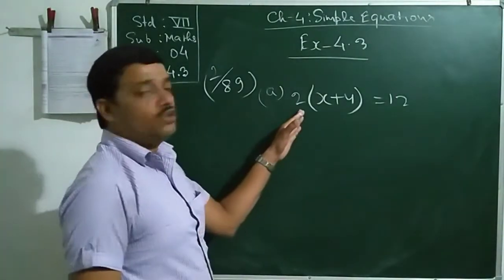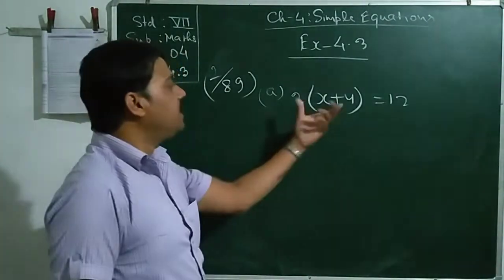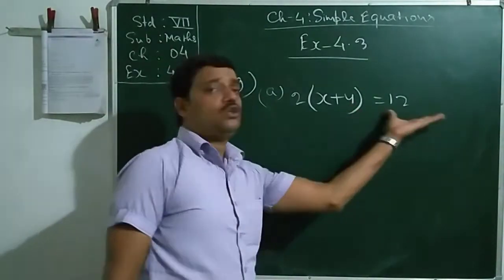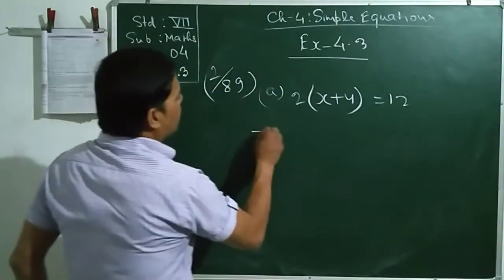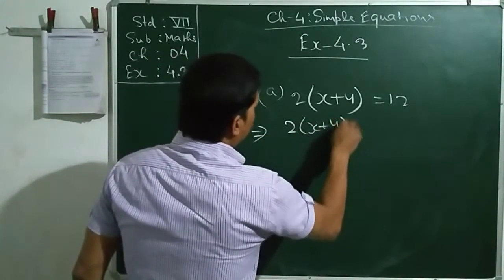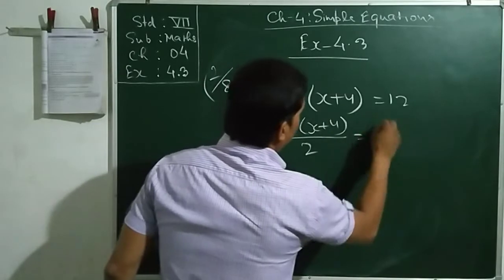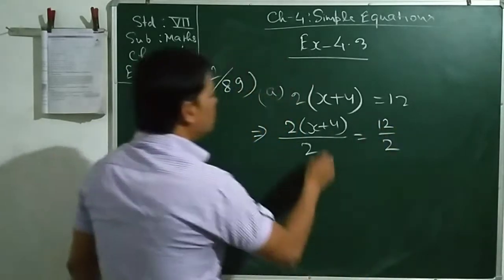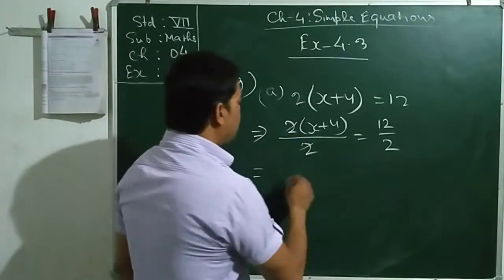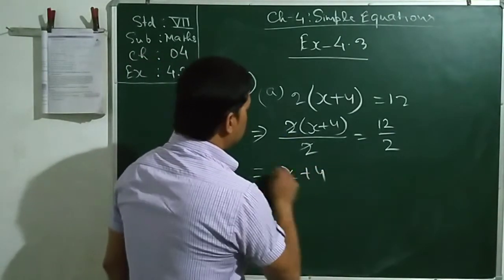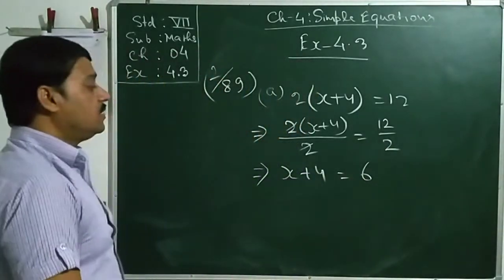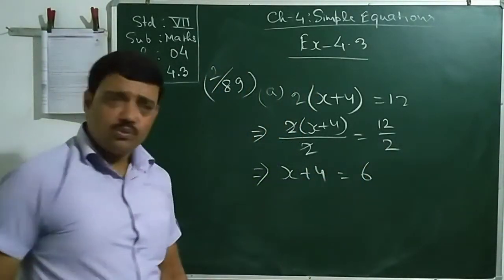So to remove 2, we need to divide the whole term by 2. If you divide the LHS by 2, we need to divide the RHS also by 2. So we can write 2 into x plus 4 by 2 equal to 12 by 2. So this 2 and 2 reduced to 1, that is x plus 4 equals 12 by 2 is 6. Now you can transpose it.